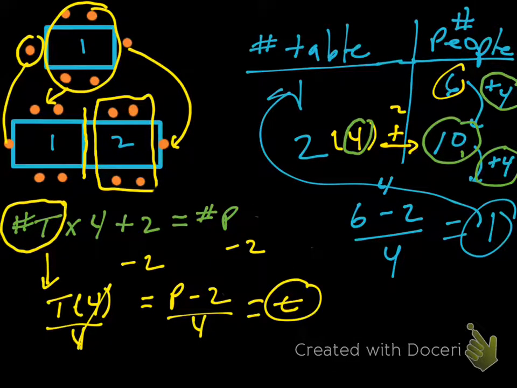Now let's take a look at another case. If we had 50 people coming in, that would be 50 minus 2 divided by 4.